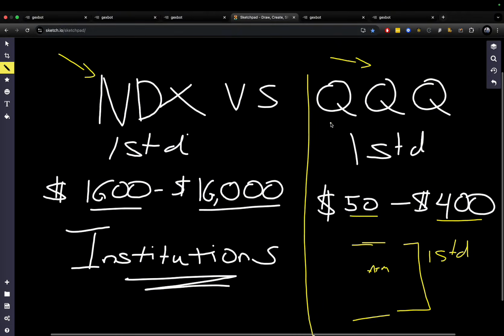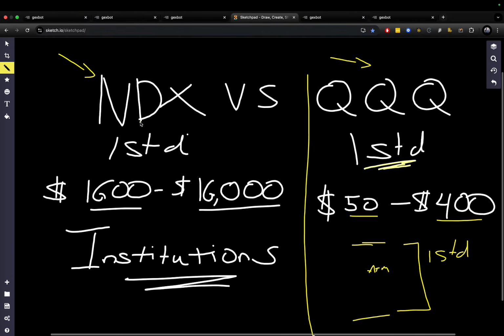If we look at a table in an options platform, within the first standard deviation, a contract in the QQQ market, the triple Q market, is between $50 and $400. So that's why it's the market for retail.